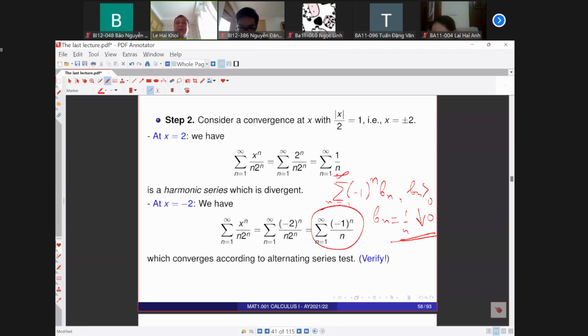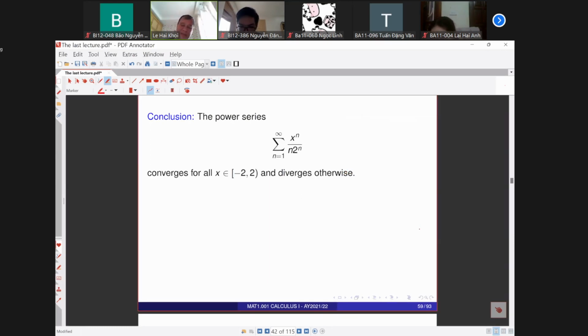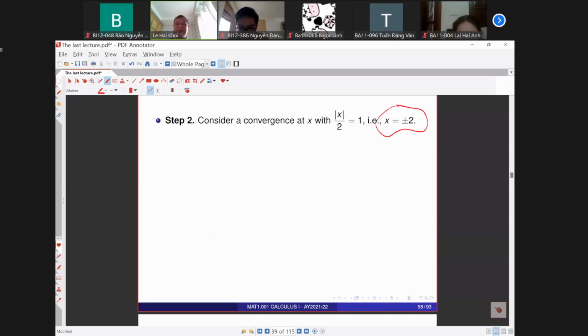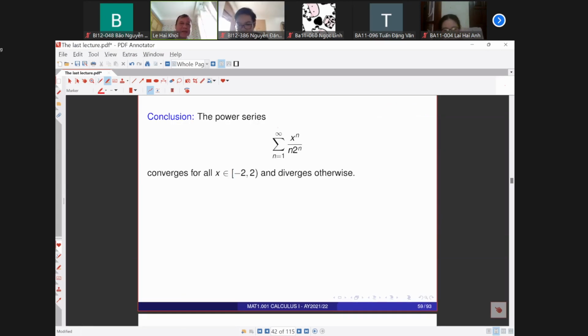So then at 2 we eliminated, at negative 2 is okay, together with the interval of radius R, then you have the fact that the power series converges on the half-open, half-closed interval, which means we take the left endpoint, negative 2, and put it into the set of convergence points. 2, no. That's the interval of convergence.